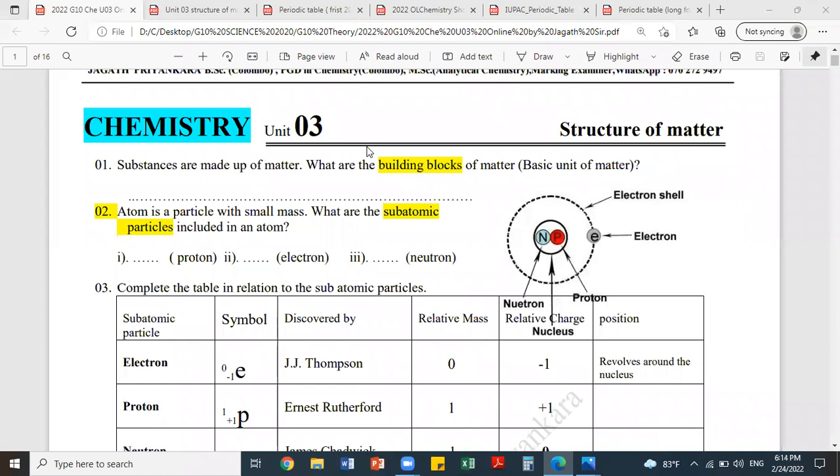Right, now the subatomic particles, who discovered them, and the relative mass of the three subatomic particles in an atom. Then we discussed the Rutherford's atomic model, in other words the planetary model.